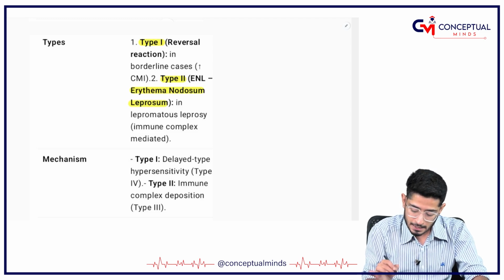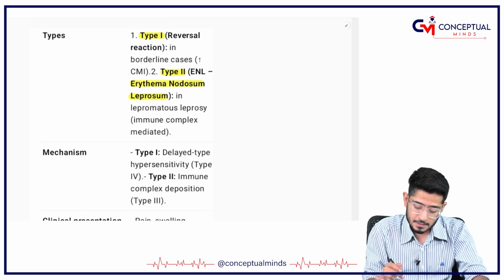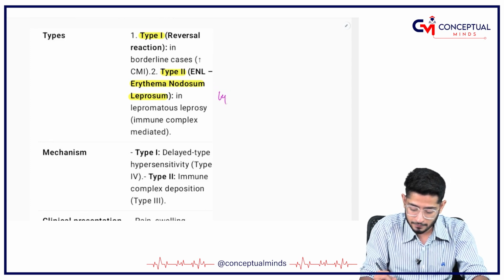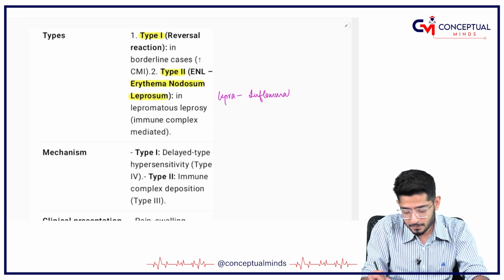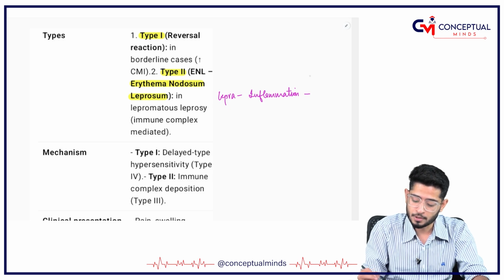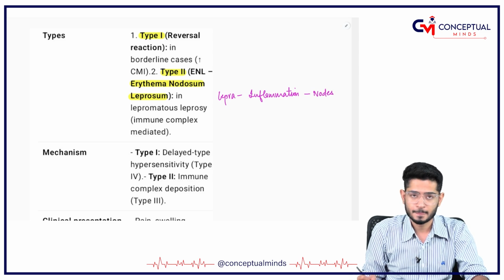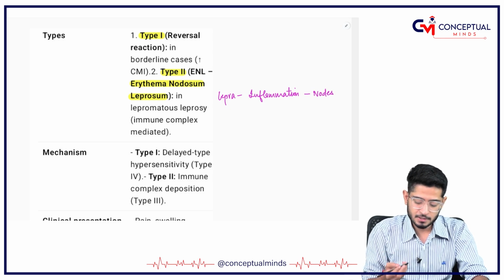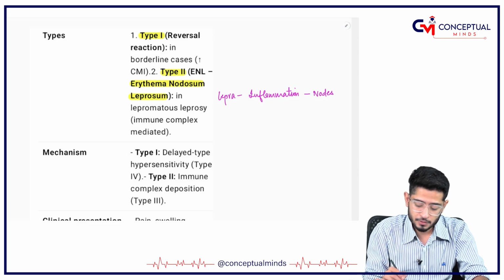Erythema nodosum leprosum means that in lepra patients there will be inflammation, and once this inflammation is happening, the patient is going to show the formation of nodes. So, this is erythema nodosum leprosum, and then you have type 1, which is seen in the borderline cases.